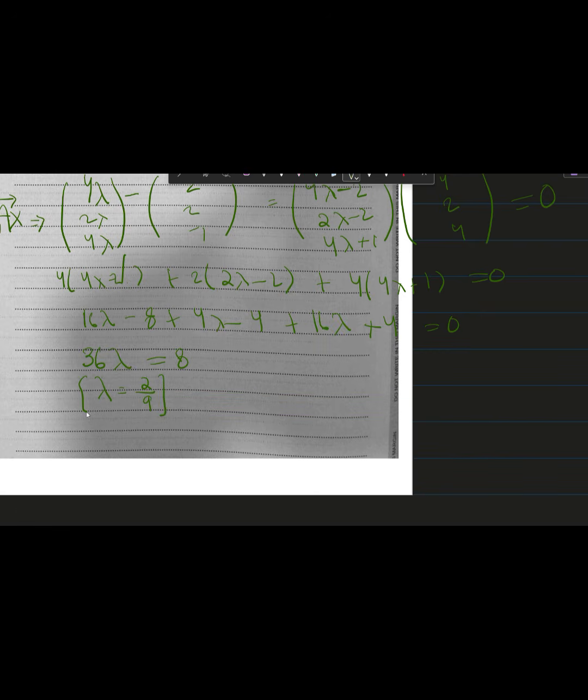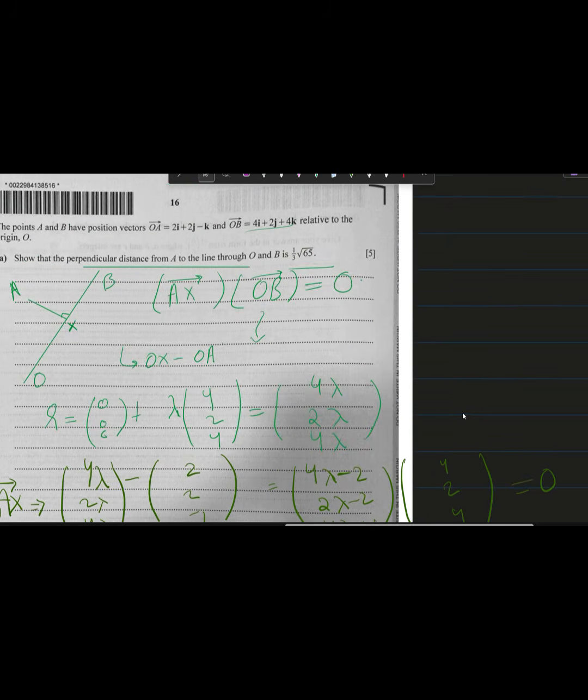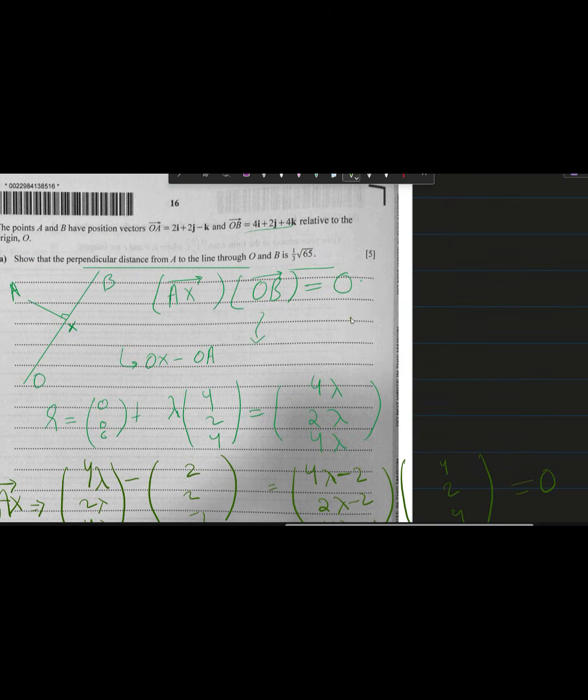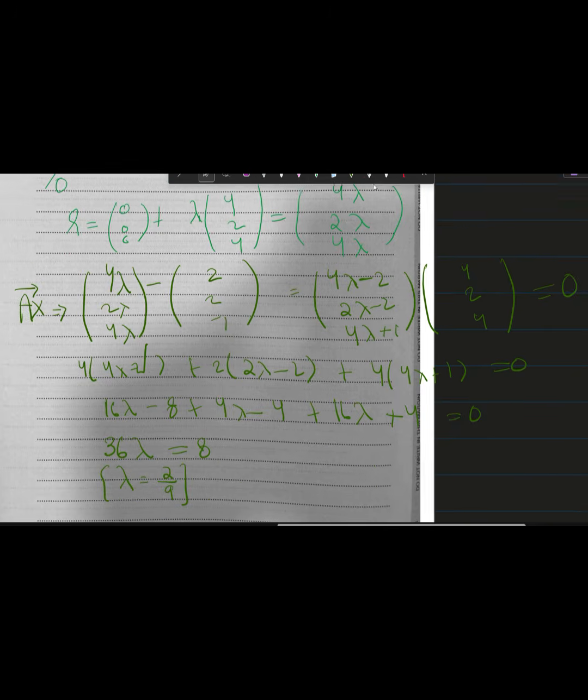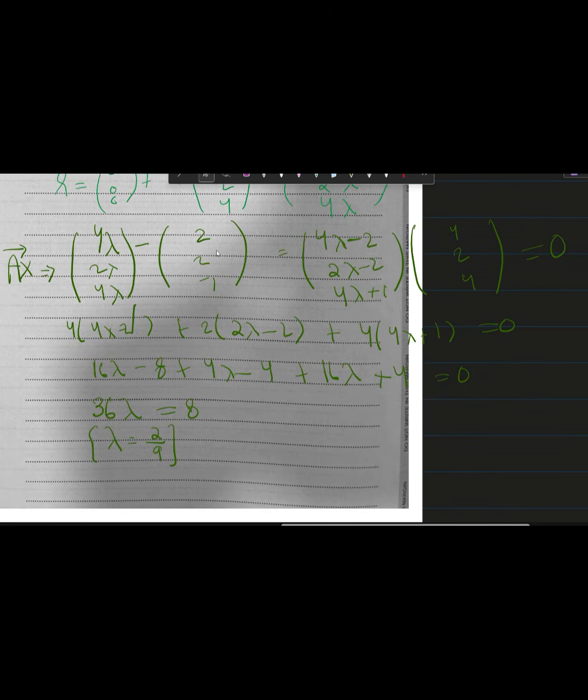Now you can use this lambda to find the coordinates of AX. We have to basically find the distance of AX or the mod of AX, so the absolute value of AX. So AX is basically 4 lambda minus 2, 2 lambda minus 2 and 4 lambda plus 1.